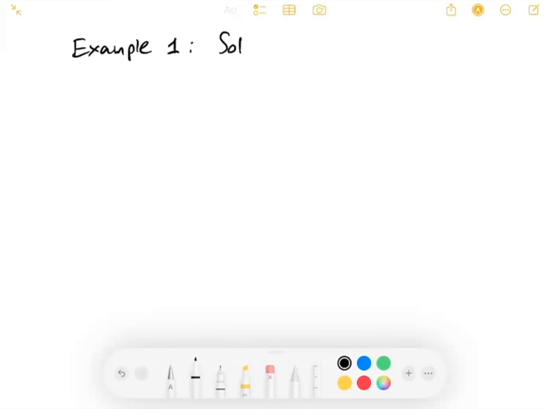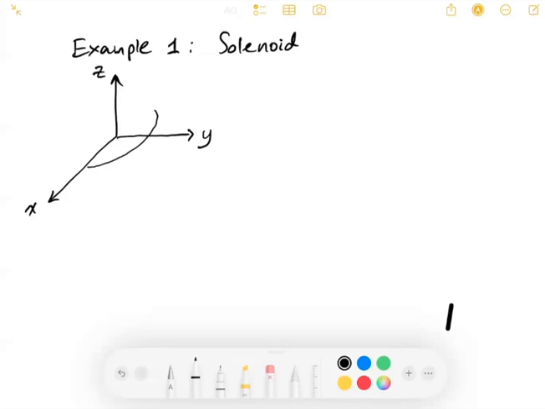The solenoid. All right, the solenoid's interesting because what we'll do is we'll say, okay, let's start by putting a coordinate system. Okay, an X and a Y and a Z. And then we'll draw a current carrying loop here, and then there's another one here.